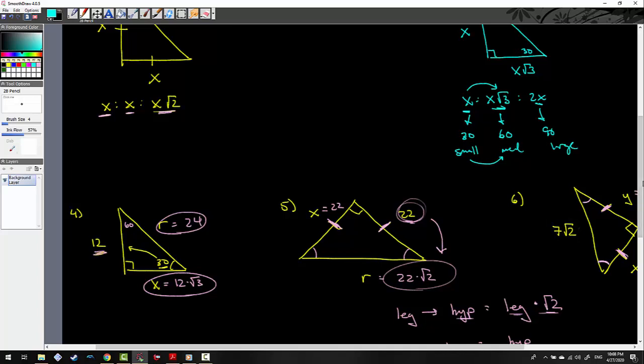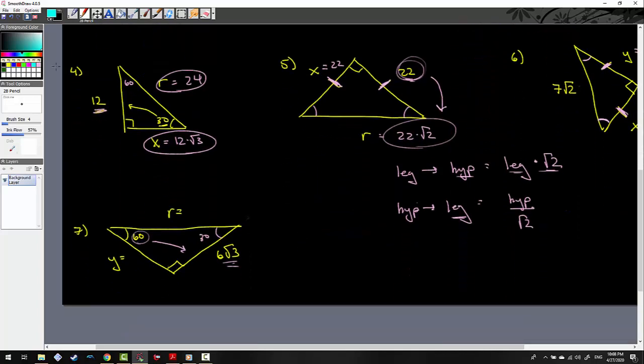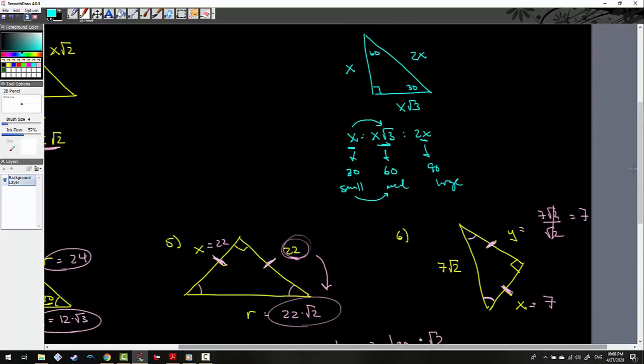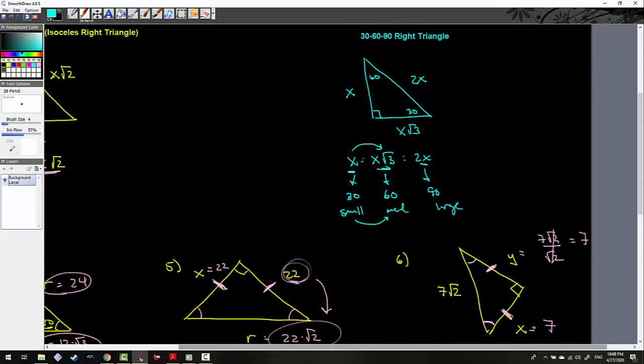In fact, I'm going to write that down. So in a 30, 60, 90 right triangle, the small becomes the medium by multiplying the small by rad 3. Small becoming medium by multiplying by rad 3.